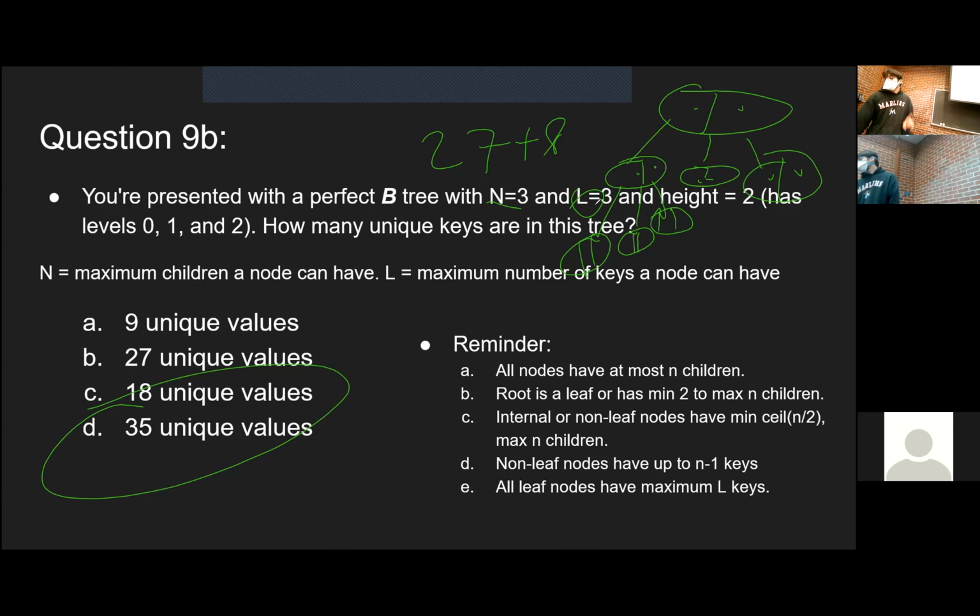Each leaf has L keys, sorry. Each leaf has L number of keys, but internal nodes have n-1 keys. Anything that's not a leaf is an internal node.